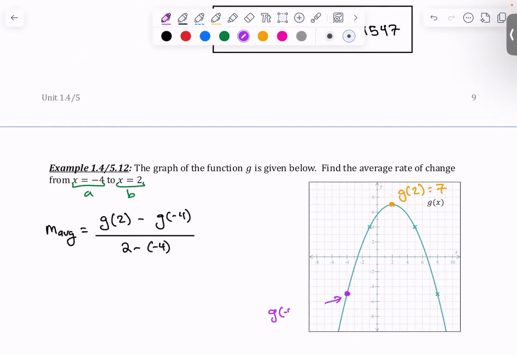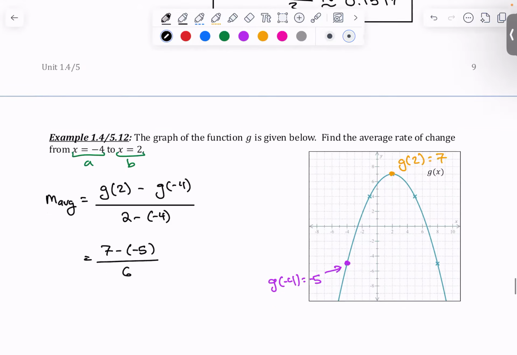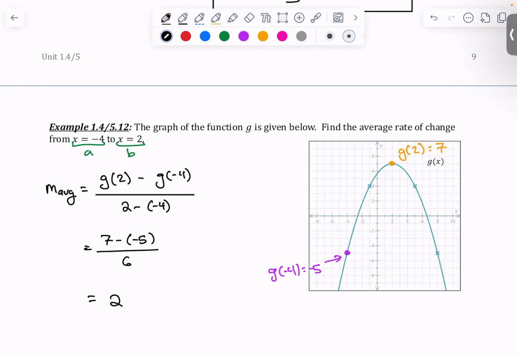G of -4 is equal to -5. So we didn't need the equation of the function to figure it out. We already had the graph, we had enough information. So it's going to be equal to 7 minus -5 over 6, which ends up being 2.